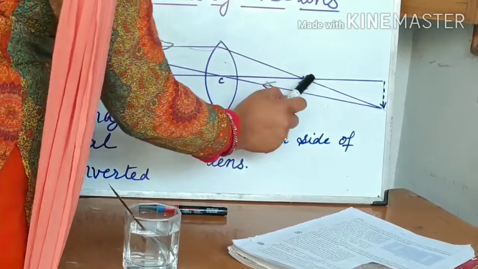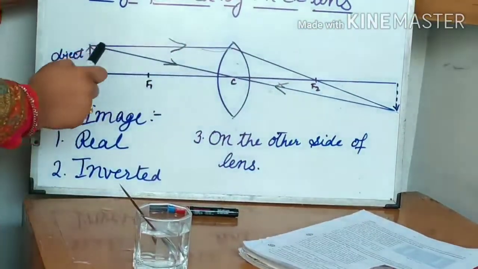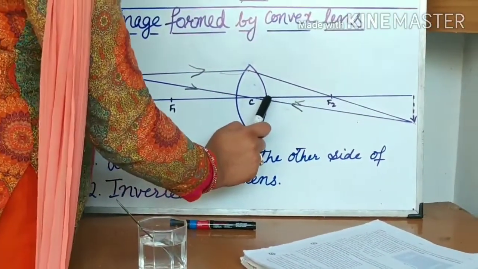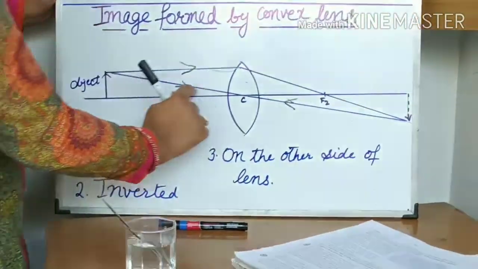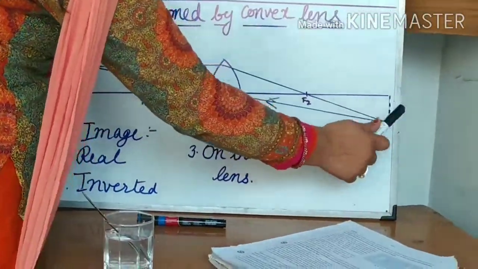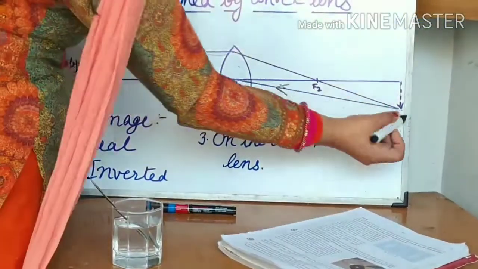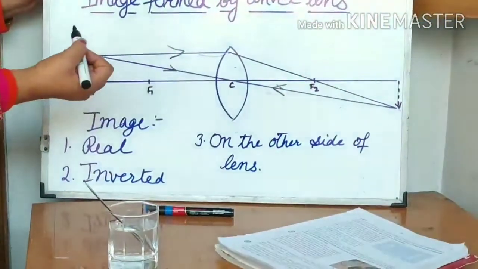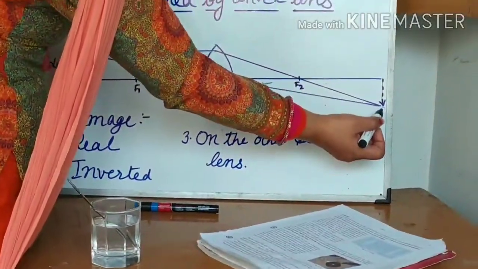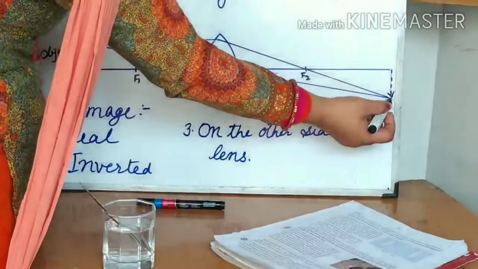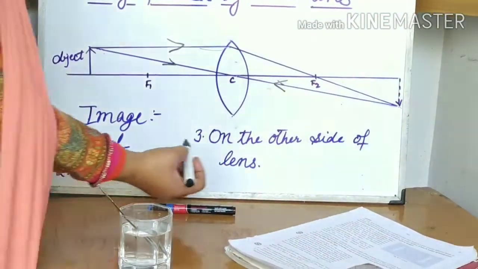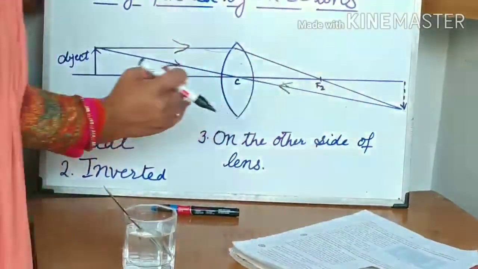Now it passes through focus F2, and the ray which passes through the optical center will, for example, take this path. Both of these rays will meet at a point, and at this point the image of the object is formed. See students, what type of image is formed? First of all, this image is a real image, then this image is an inverted image, and this image is on the other side of the lens.